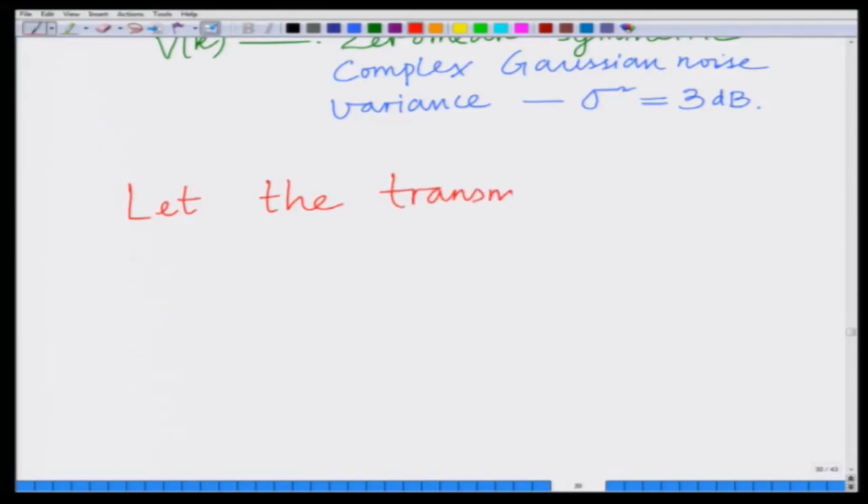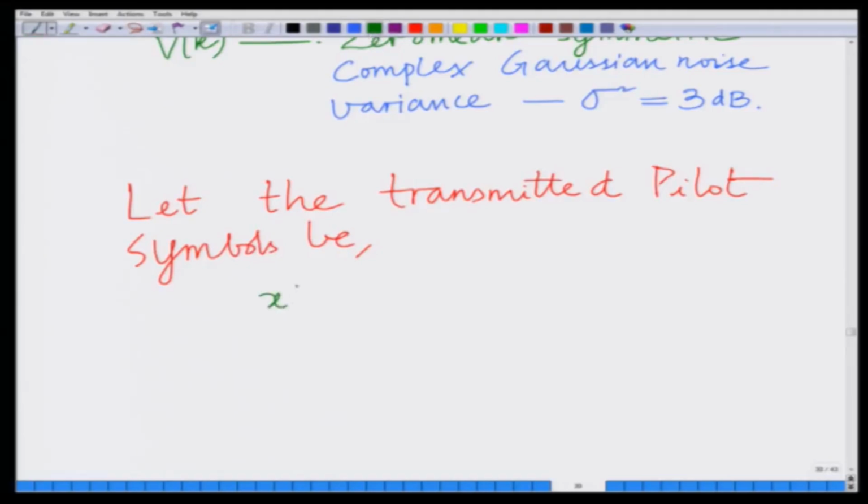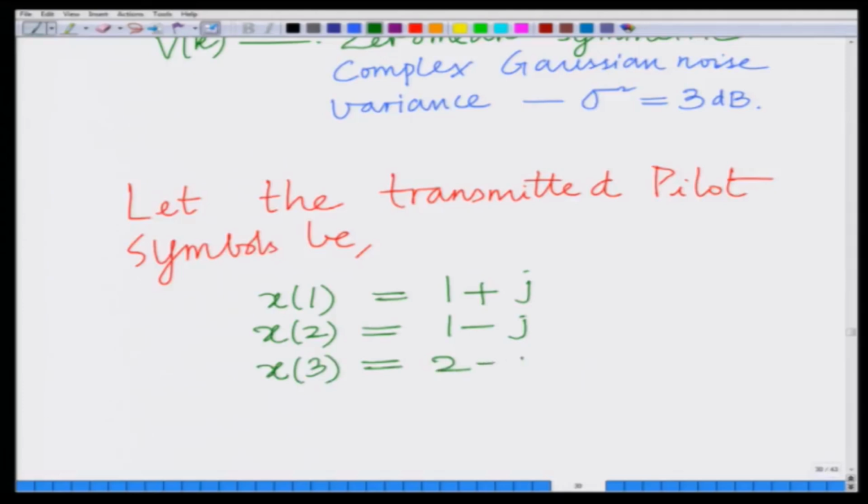So, let the transmitted pilot symbols be x1 equals 1 plus j, x2 equals 1 minus j, x3 equals 2 minus j, and x4 equals 1 plus 2j.